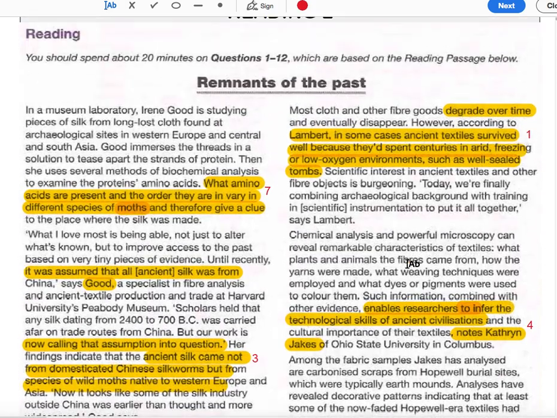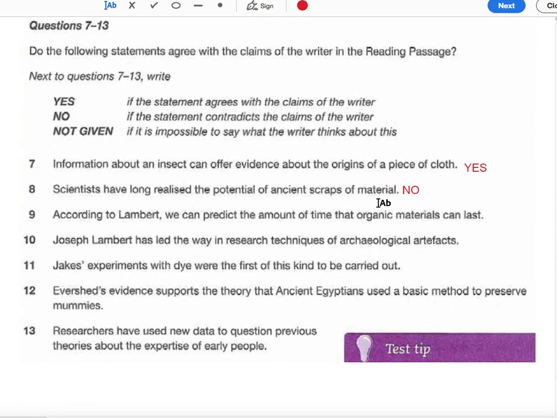Okay, all kinds of things. And then it says, most cloth and clay degrade over time. Scientific interest in Asian textiles and other fiber objects is burgeoning. So the question exactly again. We can predict the amount of time that organic materials last, and Joseph Lambert has led the way in research techniques of archaeological artifacts, old things. Okay, this one I know now. Has led the way.